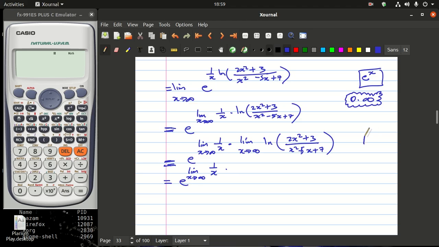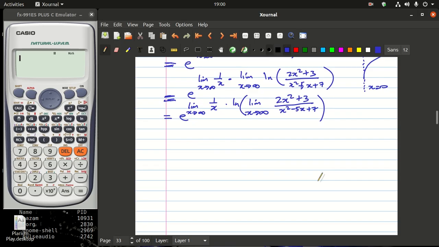You know that ln is a function that grows like this and is only not continuous when x is equal to 0, but after that is always continuous, and at infinity ln is always continuous. So I can jump ln and take the limit first, and then after taking the limit I take ln. So here I will end up having ln of the limit as x approaches infinity of (2x squared plus 3) all over (x squared minus 5x plus 7).